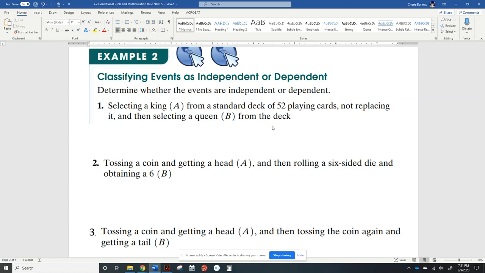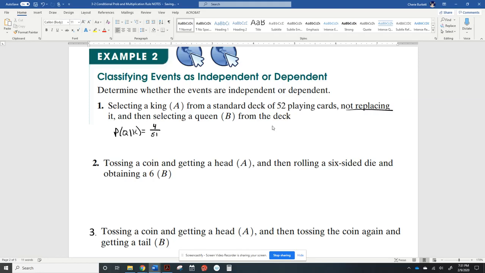Well, we saw that finding the probability of drawing a queen, given that the king had already been picked, changed my sample space to 51 because we did not replace that first card.